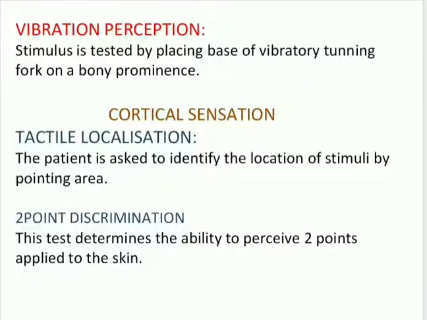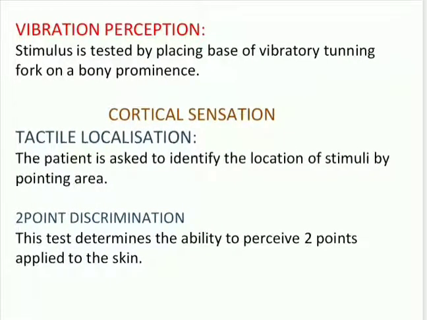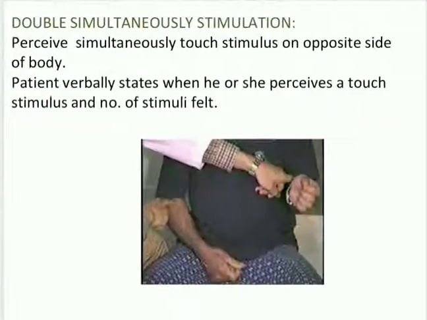Next, two-point discrimination. In this, the therapist with the help of a divider places two points in contact with the skin, and the patient should respond whether they feel one stimulus or two. Two-point discrimination will be different for individuals and also for different body parts.